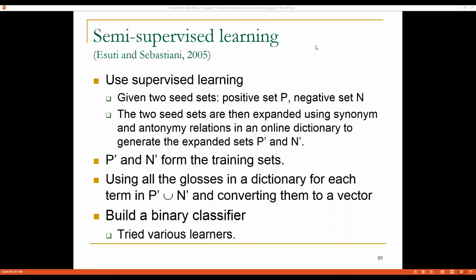Semi-supervised learning: given two seed sets, positive set P and negative set N, the two seed sets are then expanded using synonym and antonym relations in an online dictionary, generating the expanded sets P prime and N prime. P prime and N prime form the training sets, using all the glosses in the dictionary for each term, and converting them into a vector. Build the binary classifier.